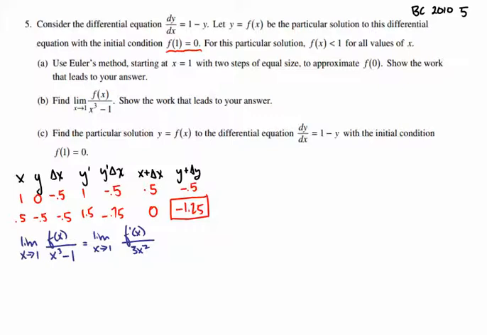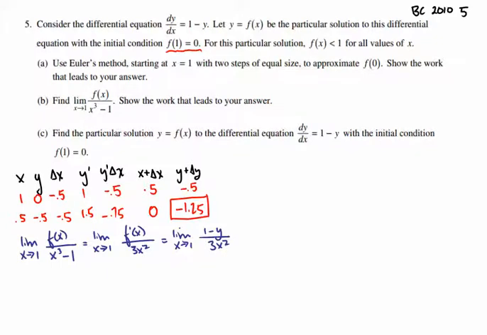Now, the limit as x approaches 1 of f prime of x, well, that's simply the limit as x approaches 1 of 1 minus y over 3x squared.